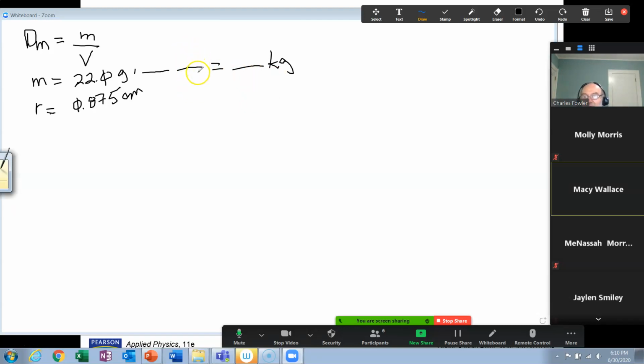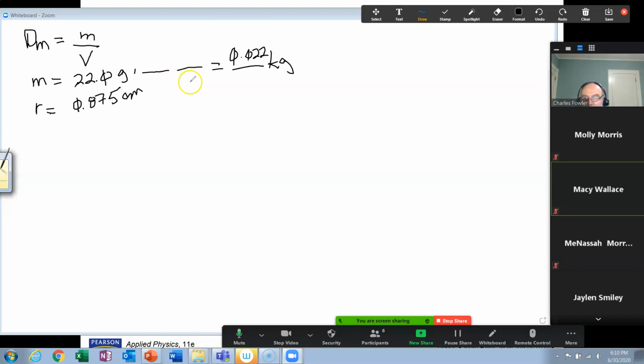A kilo means 1,000, which means you're going to move your decimal because the kilogram is bigger than the gram, so you got to make the number smaller. So this is going to be divide by 1,000. There's 1, 2, 3 places, so this is going to be 0.022 kilograms.